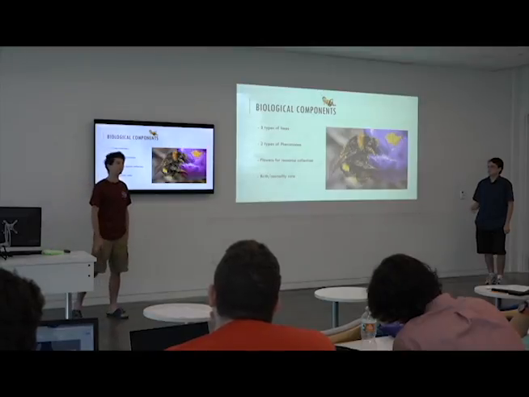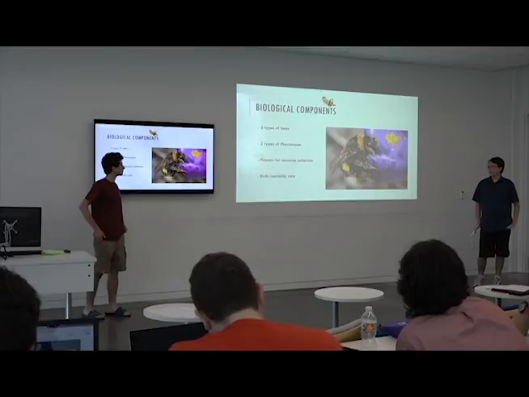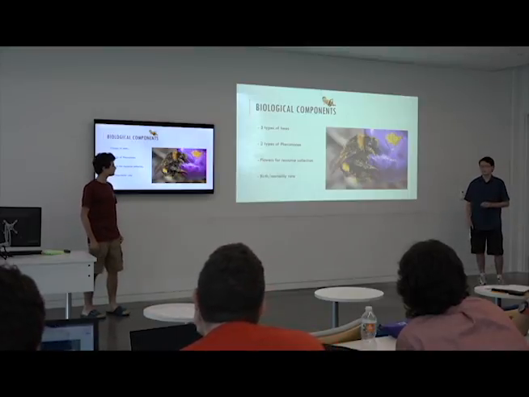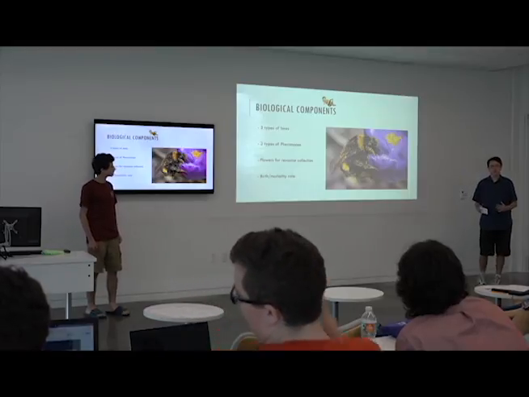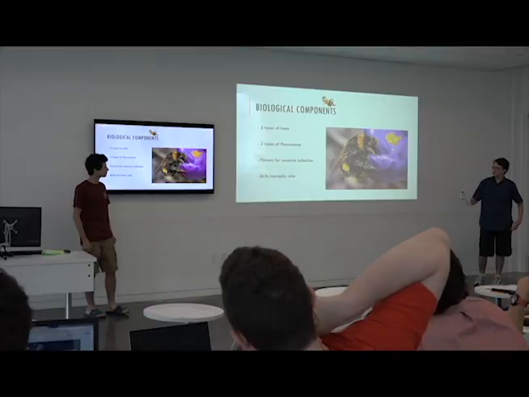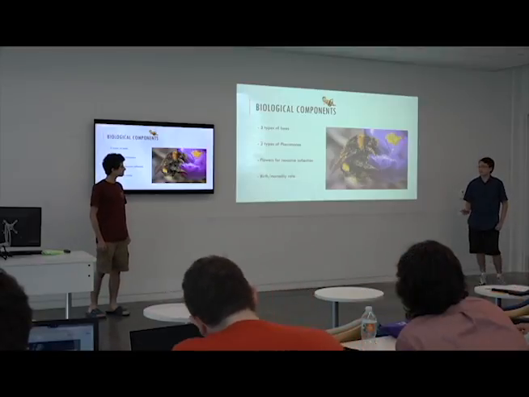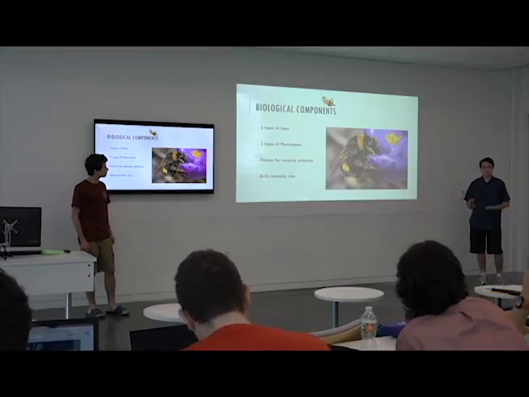So we have some biological components. The main basics are going to be 3 types of bees: the worker bees, the drones, and the main central one, the queen bee. They work together, sending off different pheromones. We're going to talk about 2 types: primer pheromones and releaser pheromones. Those 2 do separate things.